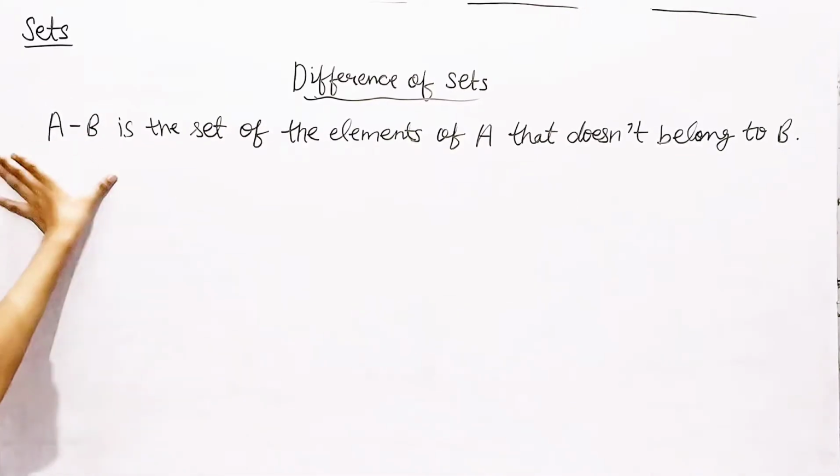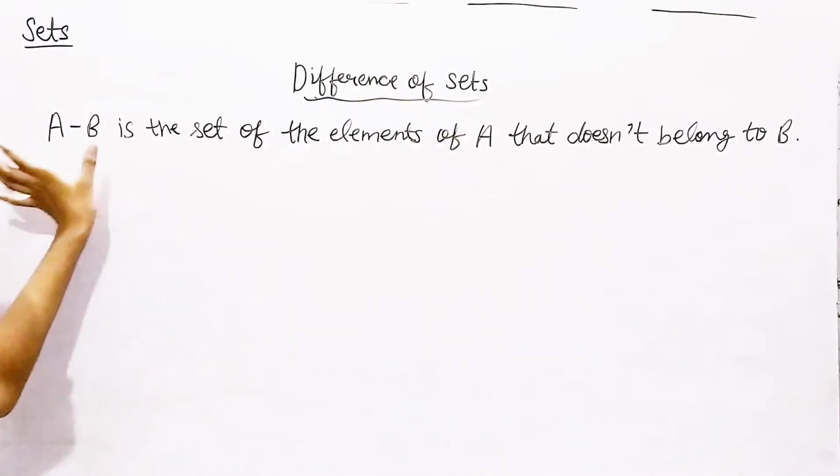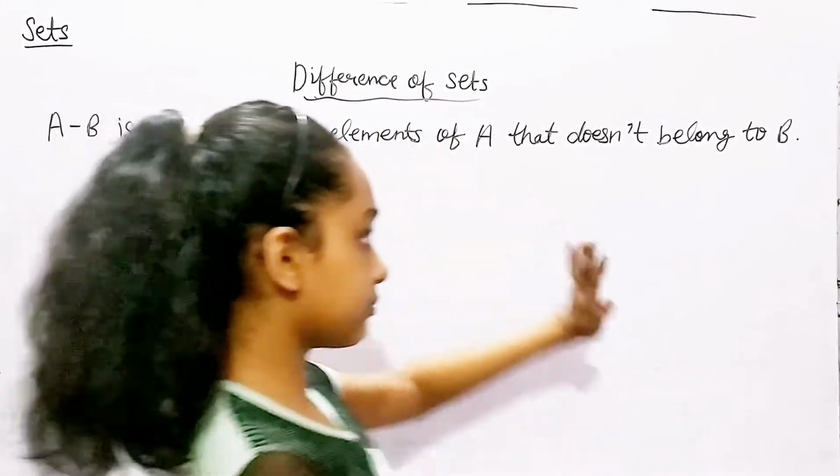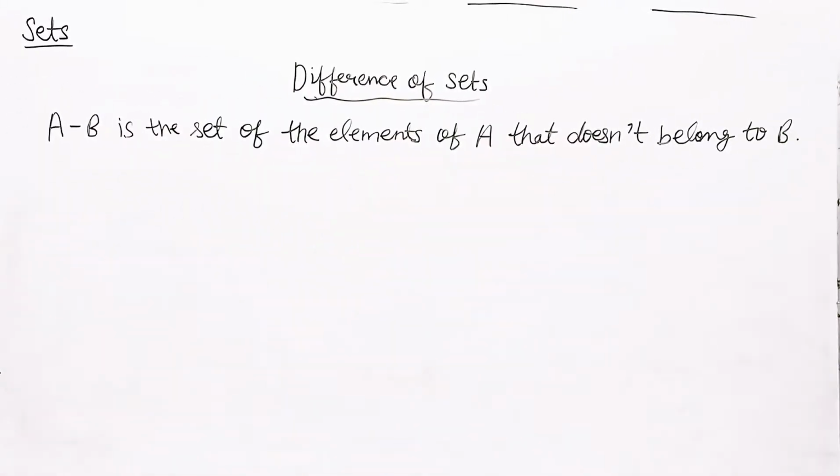A minus B is the difference of sets, and A minus B is the set of the elements of set A that don't belong to set B. We can also say it this way: A minus B is the set of elements of set A that are not the elements of B.